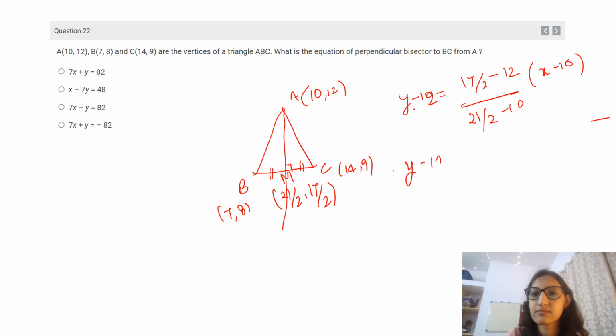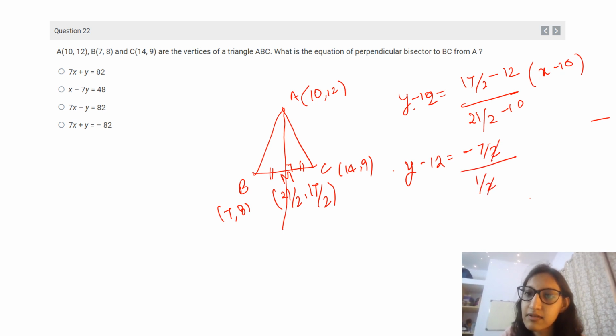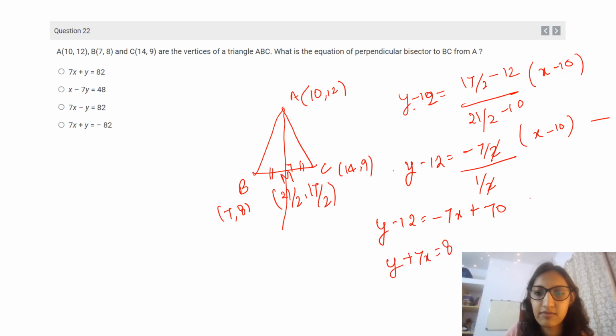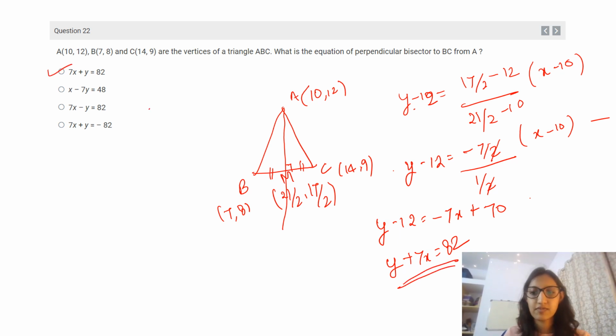So this will be minus 7 by 2 divided by 1 by 2. So I think this should be simple. This gives you y plus 7x equals to 82. Okay, this was simple.